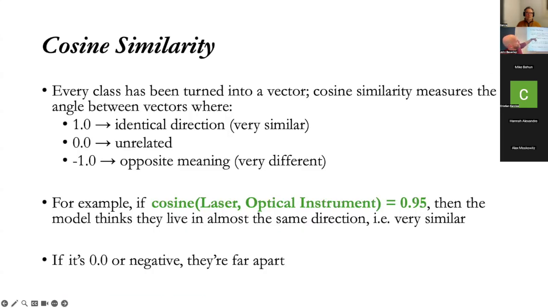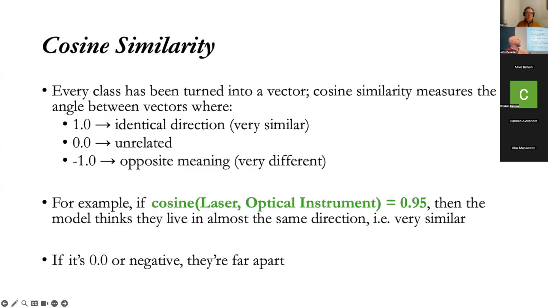So, with some numbers, the angles between vectors. If you have vectors with a 1 between them, like 100%, you can think of it like they're essentially pointing the same direction, the same vector, very similar, perhaps identical. If they're in opposite directions, very dissimilar. 0 is just kind of not related.